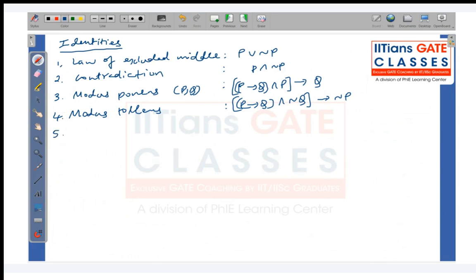Moving ahead, there's double negation. This we have already seen. Negation of negation P is equivalent to P itself. Then law of syllogism.